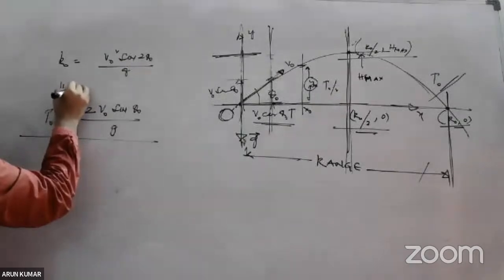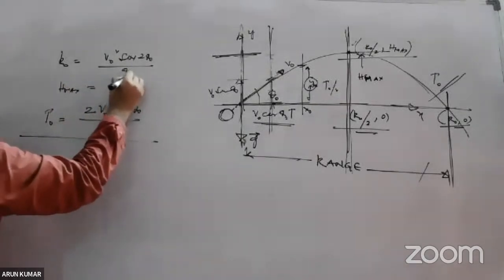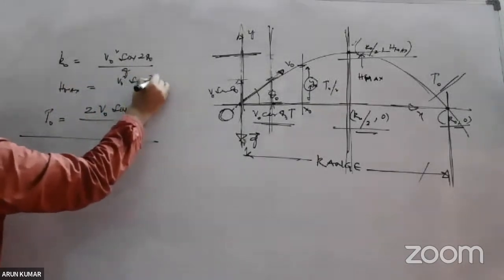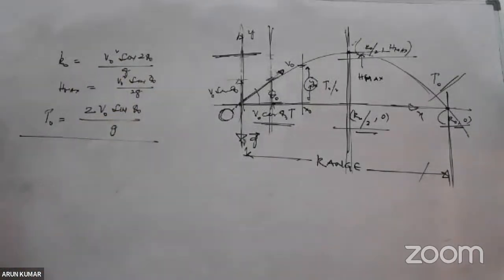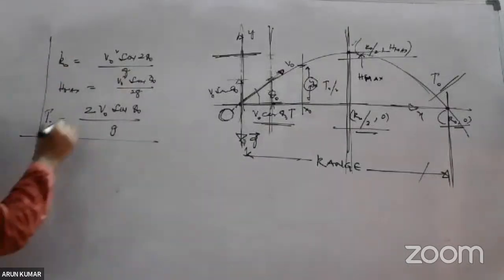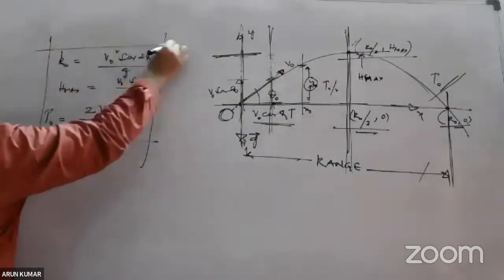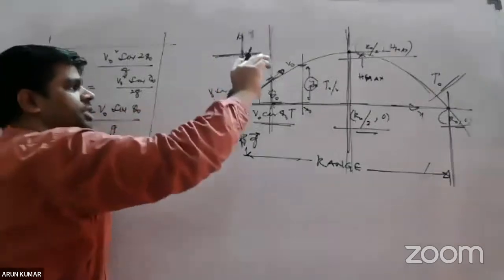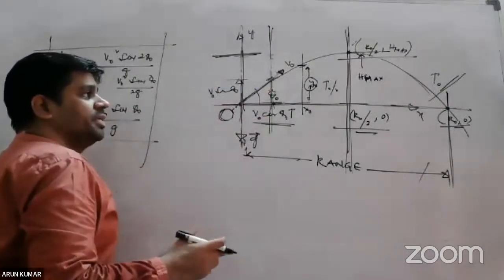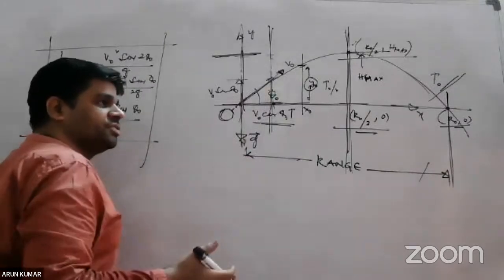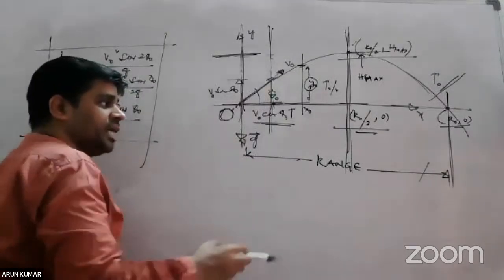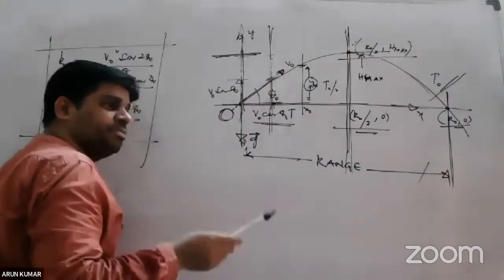I got H max, which is v naught square sin square theta by 2g, correct, and T naught as 2v naught sin theta by g. I got all the three parameters of a projectile motion. ఒక projectile ని throw చేస్తే it turned out to be a conic. Interestingly, it turned out to be a parabola. Interestingly, it has an axis of symmetry. Even more interesting is axis of symmetry is parallel to g bar, which is very important point.